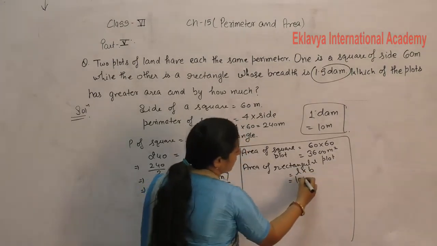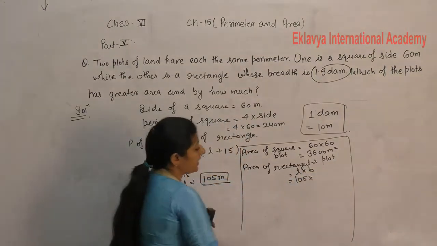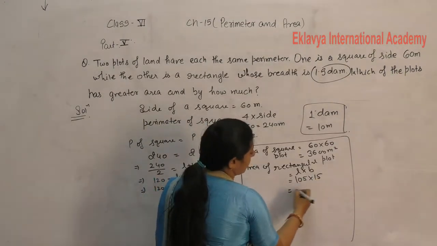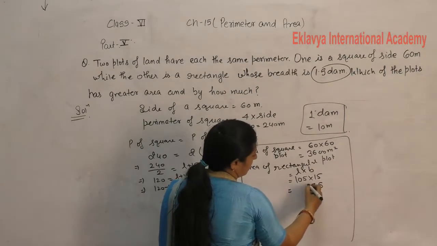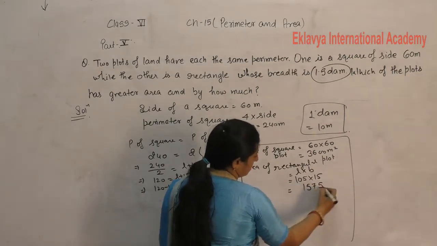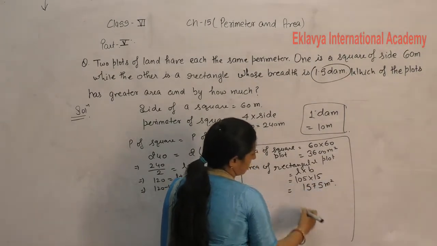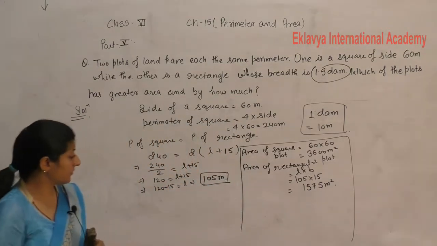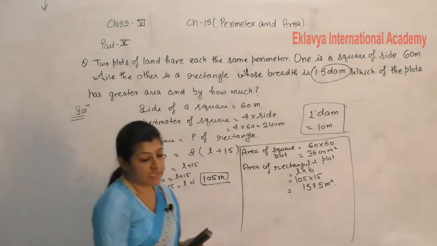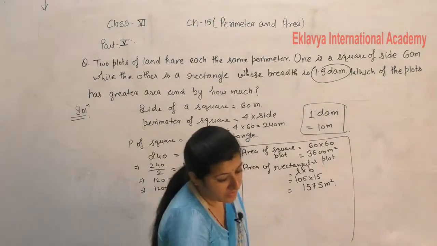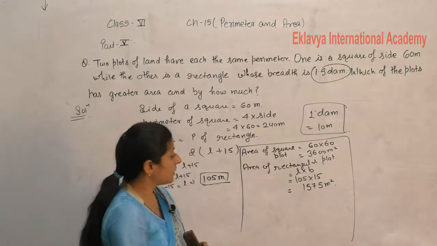Length is equal to 105, breadth is equal to 15. 15 5s are 75, 15 1s are 15. That is equal to 1575 meter square.